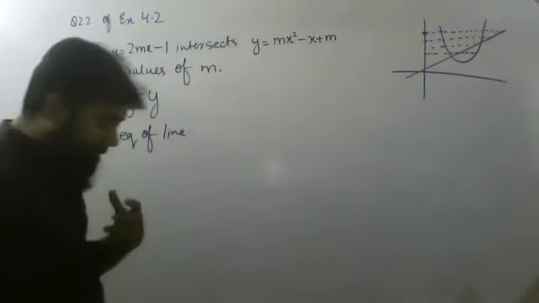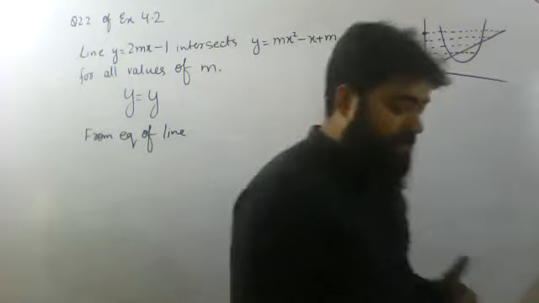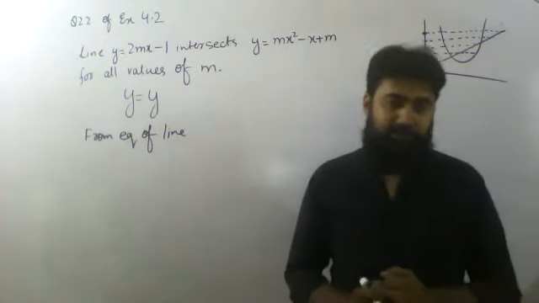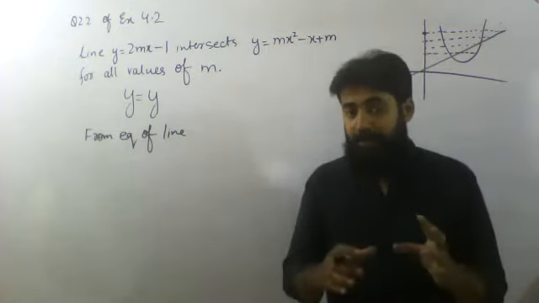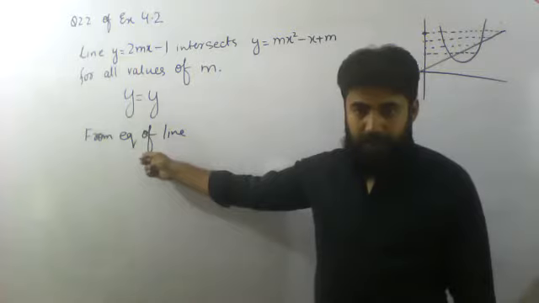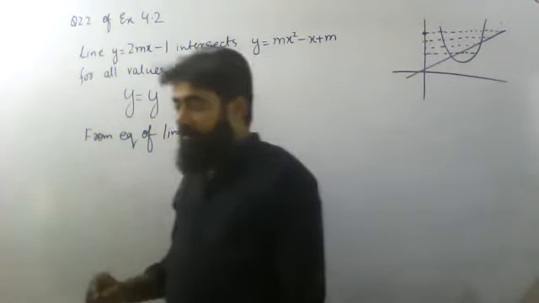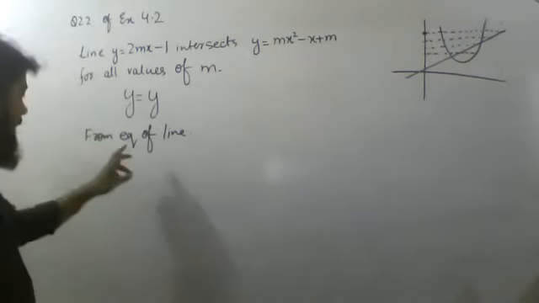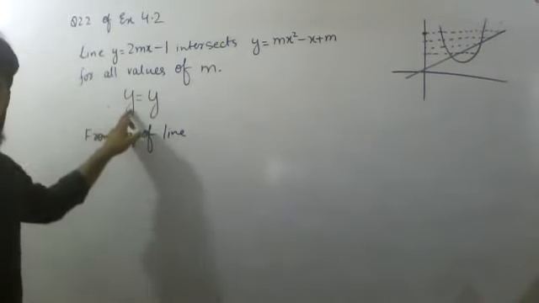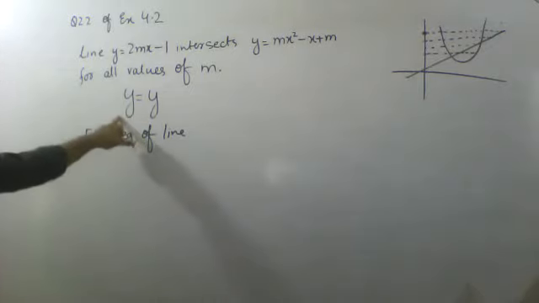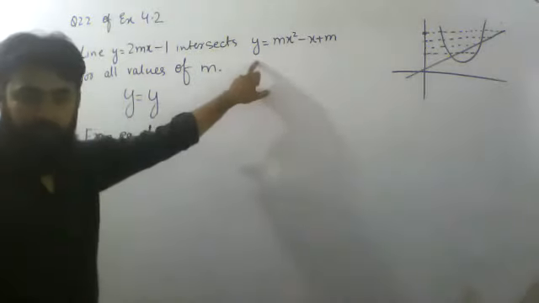But sometimes it gets very difficult to make y the subject in the curve equation. So the best thing is that first of all you start from the equation of line, find the value of y, and plug it into the equation of curve.